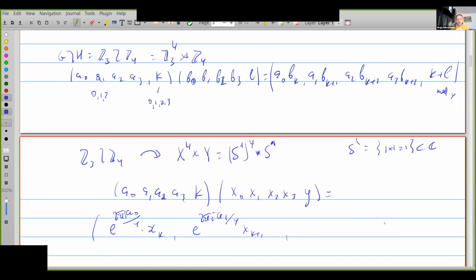And finally, k should act on this y, and this will be e to the power, now k belongs to, oh sorry, here I divided by 3 for the a's, but here it is 2 pi i k divided by 4, multiplied by y.